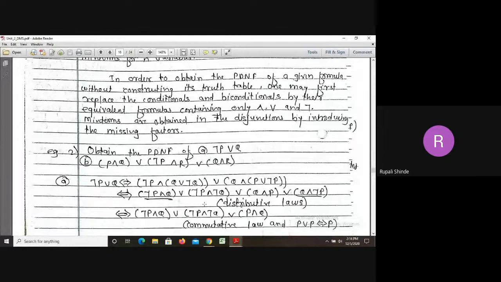What is the difference between DNF and PDNF? At the time of the lecture, I told you how to check whether a given formula is PDNF or DNF.